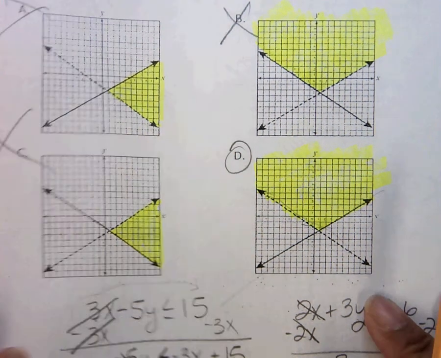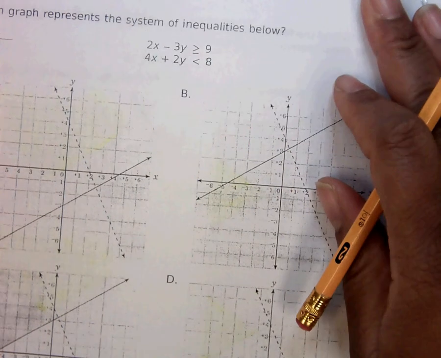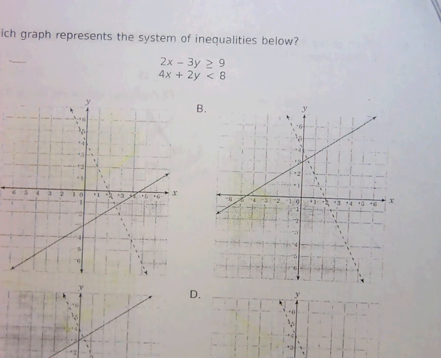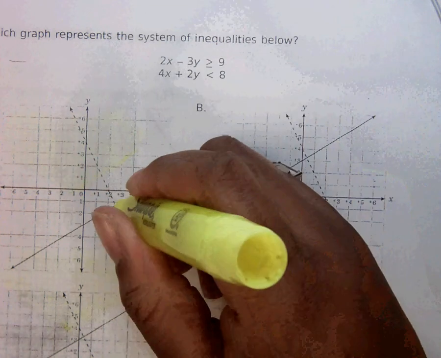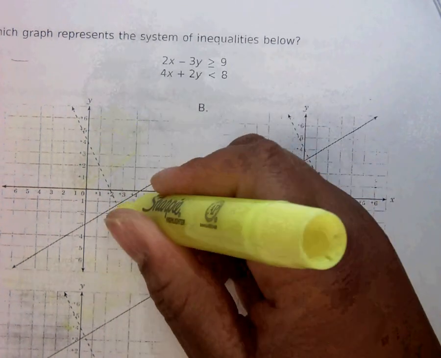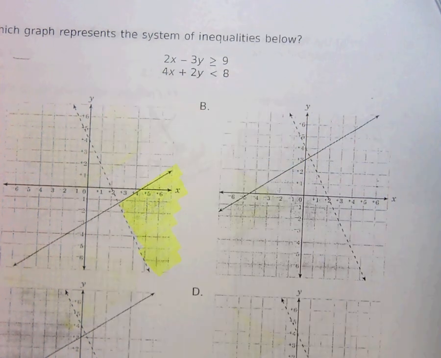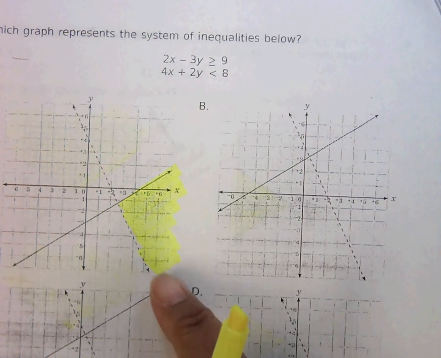Number 9. Okay. Which graph represents the system of inequalities? Below, let's fix the shaded regions. Okay, so let's go here. So I want you to know that this is the final answer.